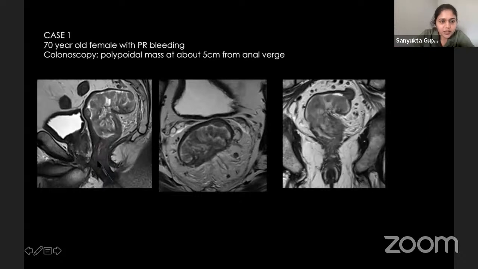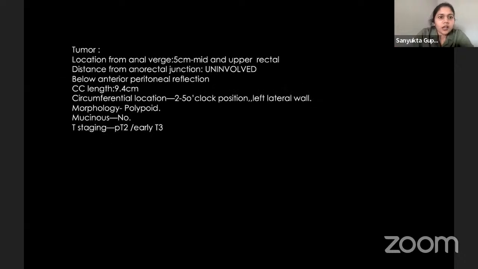So puborectalis basically forms a sling, arising from the inferior pubic ramus to the anococcygeal raphe. This puborectalis sling can be easily identified when we scroll the sagittal images. So a sling-like structure goes around this, and the upper limit of this identifies the anorectal junction. So here the anorectal junction is completely uninvolved, and the tumor is below the anterior peritoneal reflection.